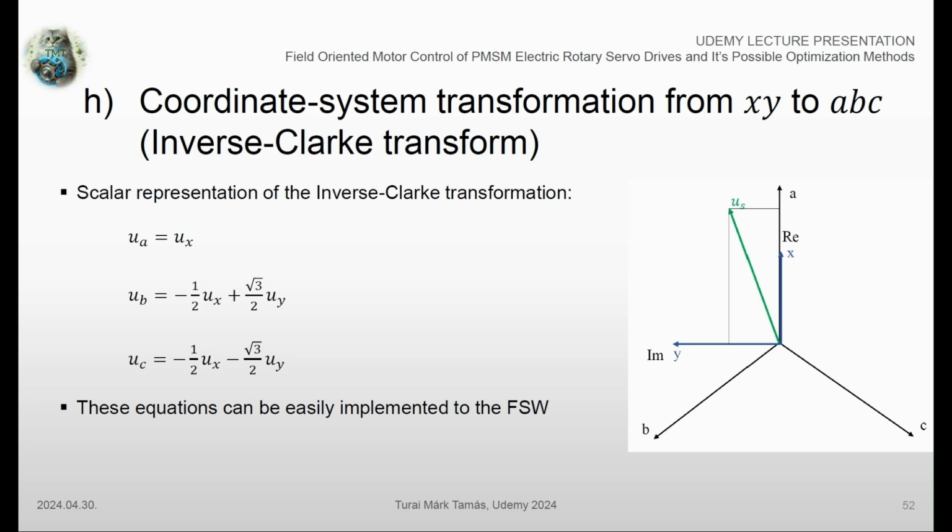In this video, we have deduced the scalar mathematical equations for the transformation between the XY and ABC coordinate systems. The only remaining step to be taken is to investigate how these referenced three-phase voltages can be realized with PWM technique by using a voltage inverter. In the next videos, I will try to explain these more or less hardware-related topics for you.